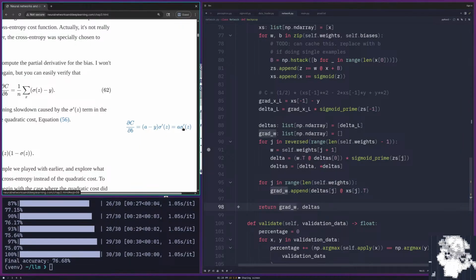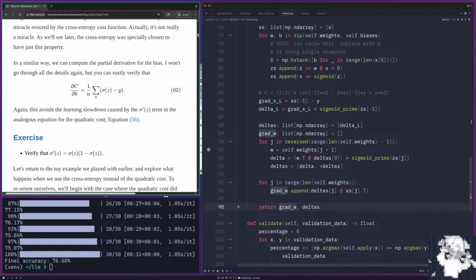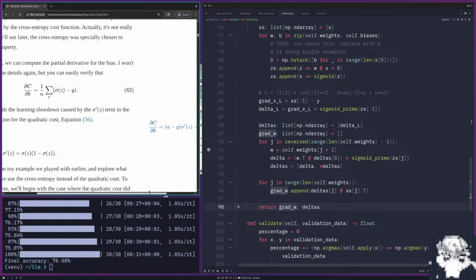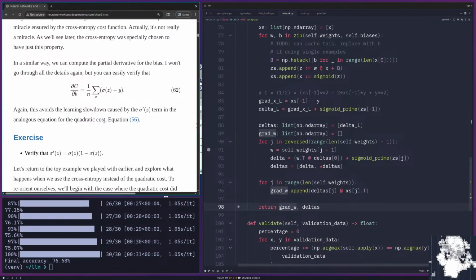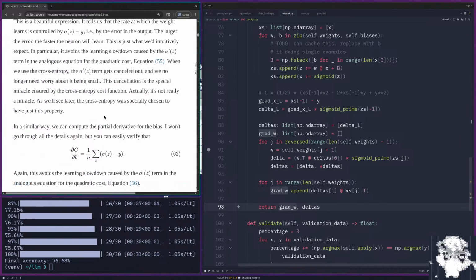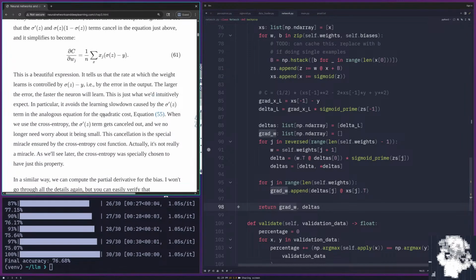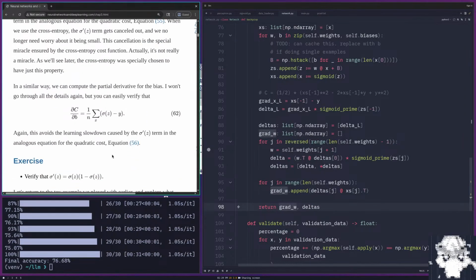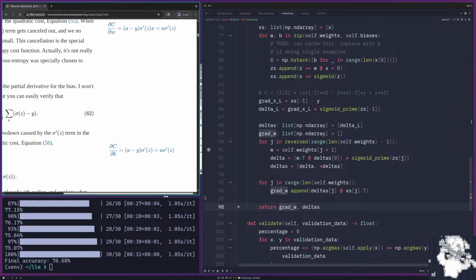Why does a minus y become just a? I'm not sure.